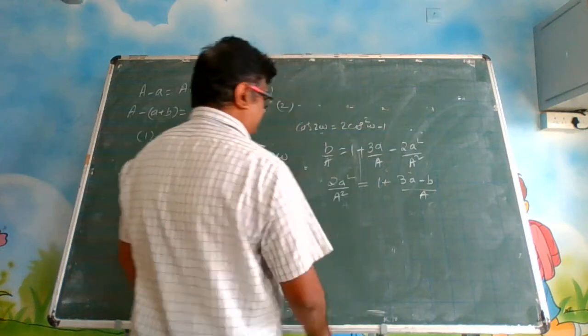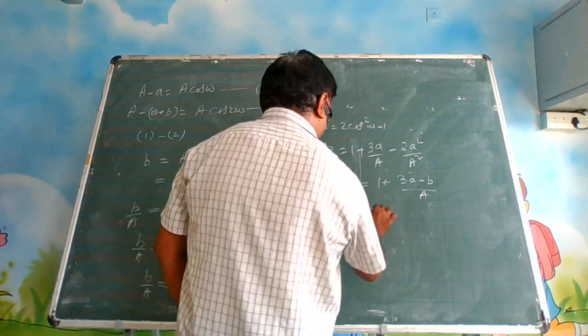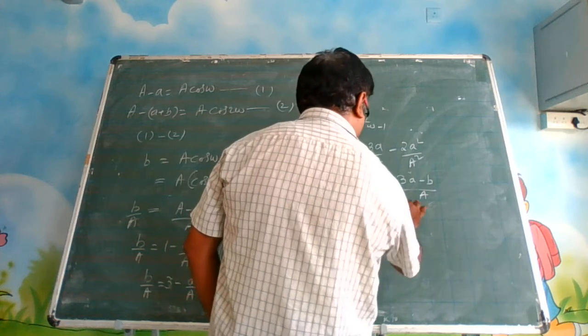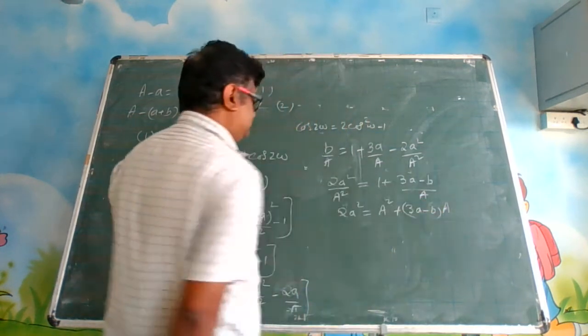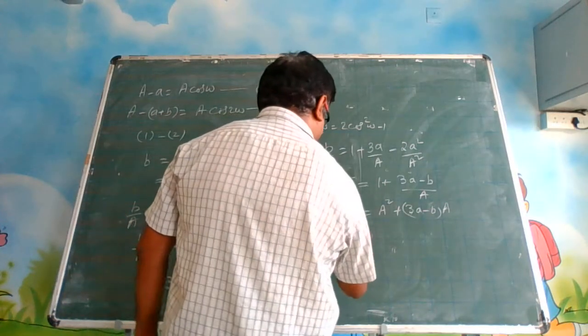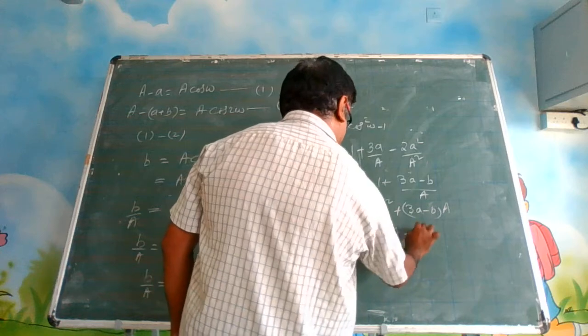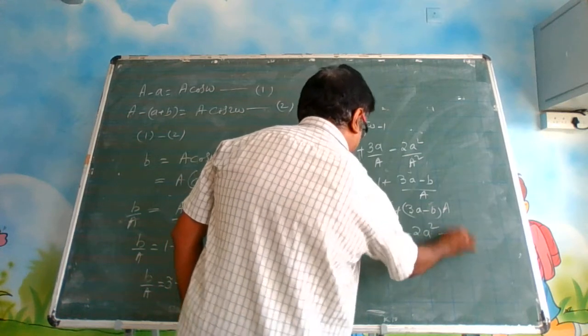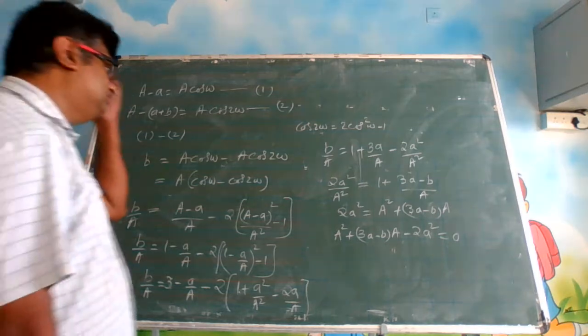Just multiply both sides with A square. So 2a square is equal to A square plus 3a minus B into A. So this is a quadratic in a, and we have to find the roots.